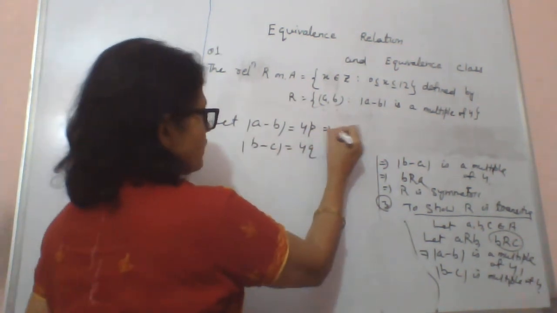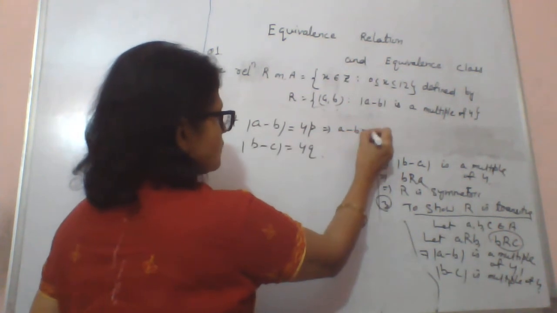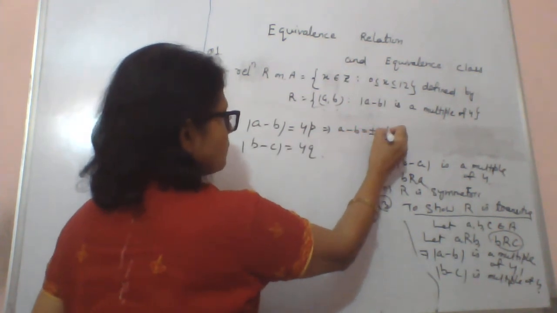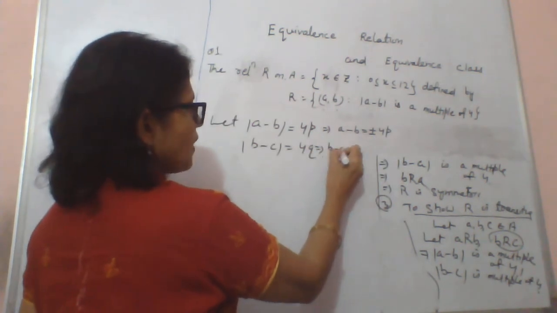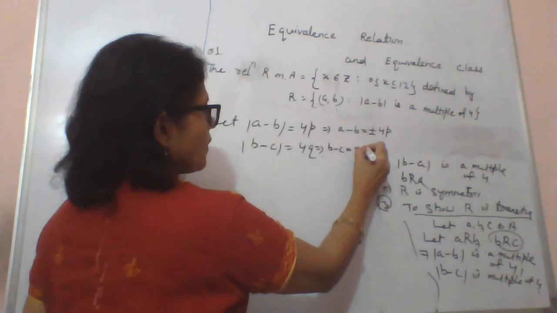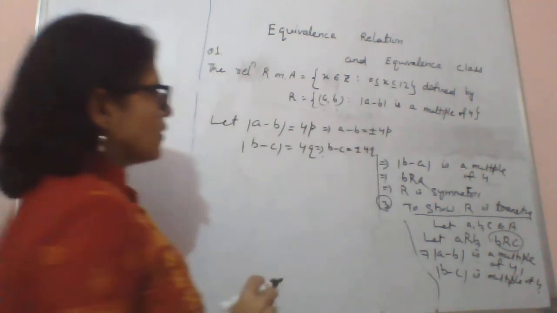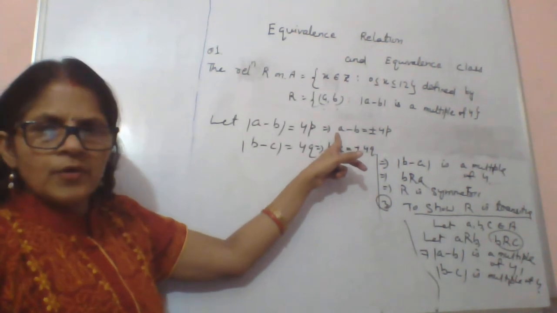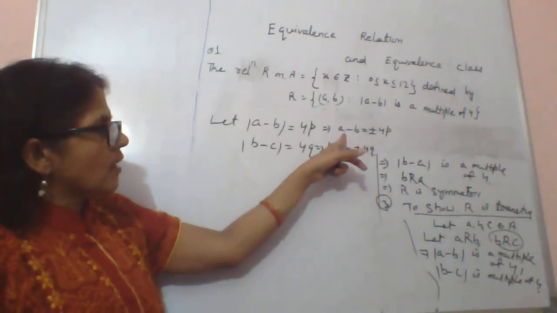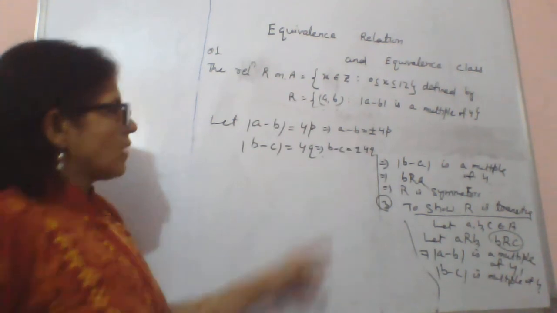So this implies a minus b is plus minus 4p, and this implies b minus c is plus minus 4q. After you free the terms from the modular sign, now you can add a minus b and b minus c.